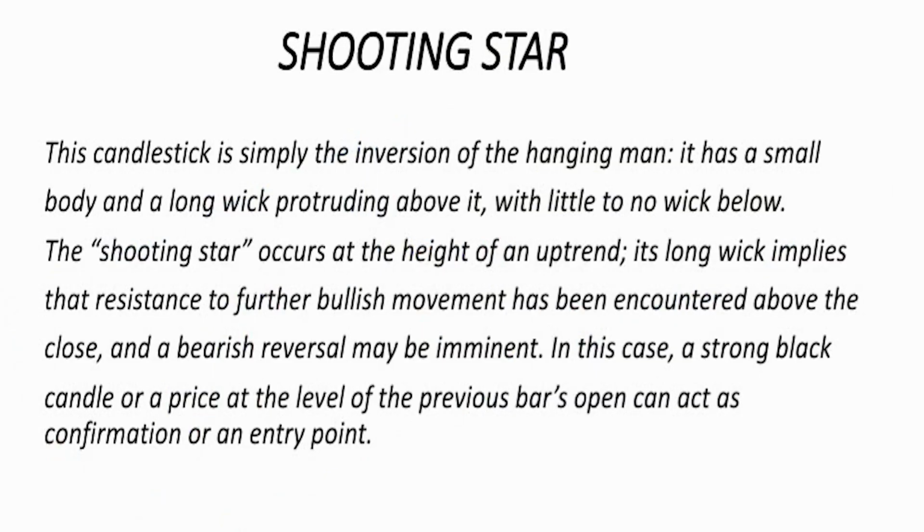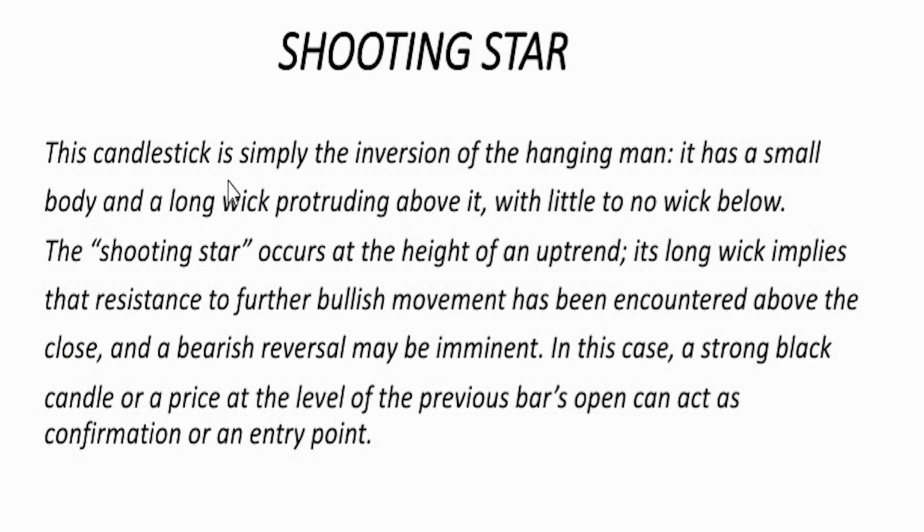The shooting star. This candlestick is simply the inversion of the hanging man. It has a small body and a long wick protruding above it, with little to no wick below. The shooting star occurs at the height of an uptrend. Its long wick implies that resistance to further bullish movement has been encountered above the close, and a bearish reversal may be imminent.